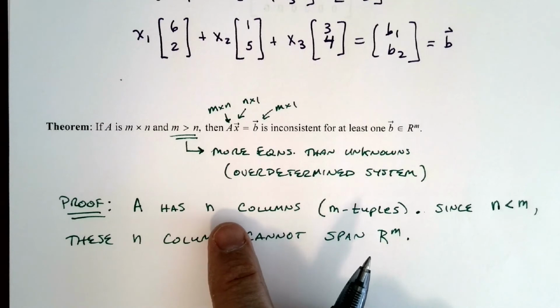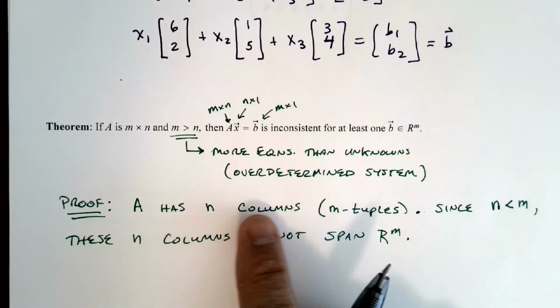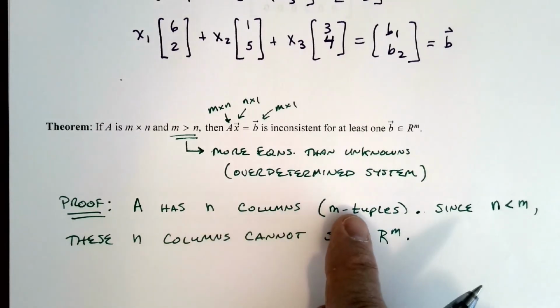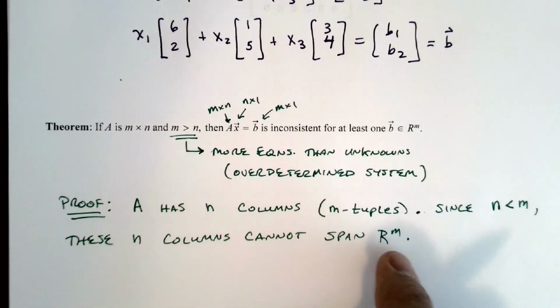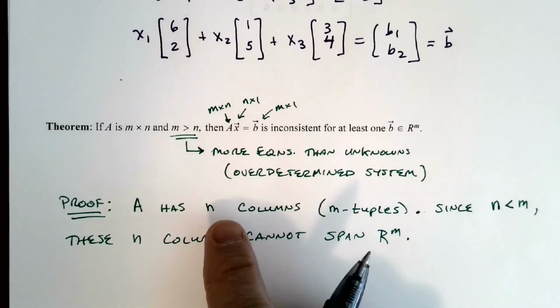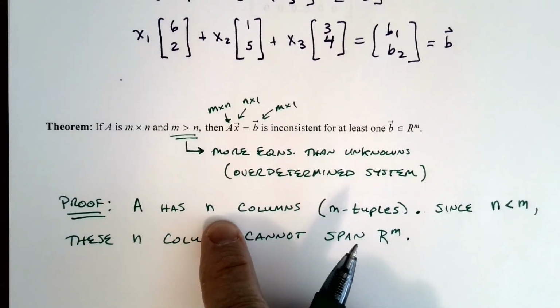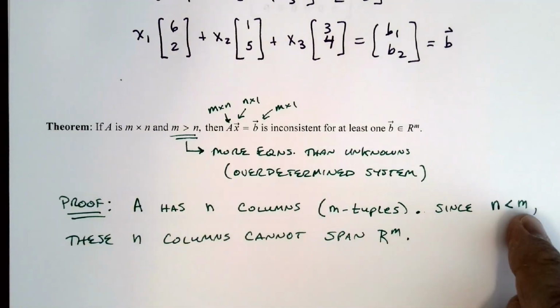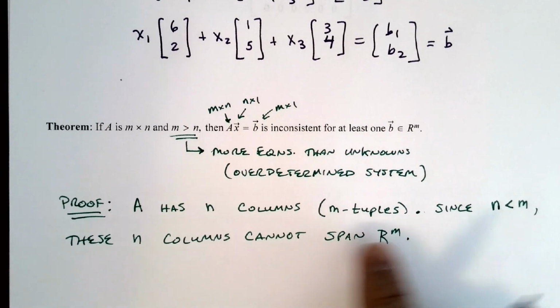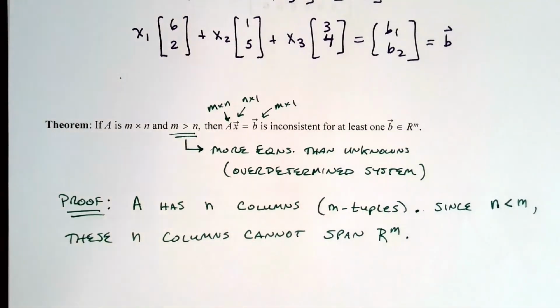We're talking about columns, right? We have n columns, n column vectors. They're m tuples, right? They're in M space. They reside in M space. M space is dimension M. We have n vectors that we're talking about, n columns. N is less than m. We have fewer than the dimension vectors, therefore those columns cannot span all of M space.